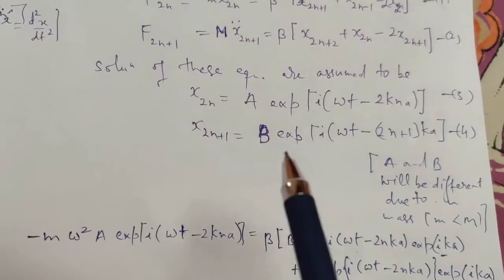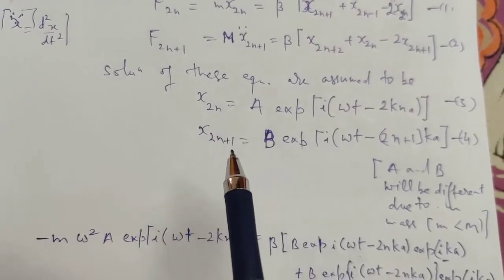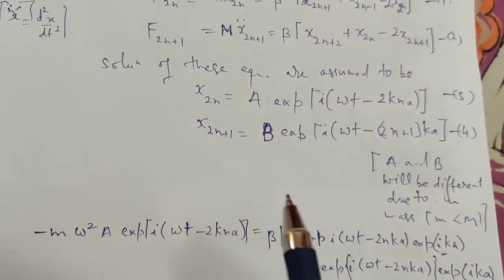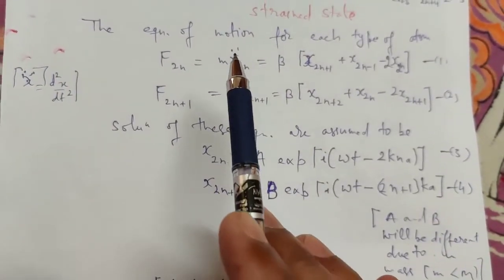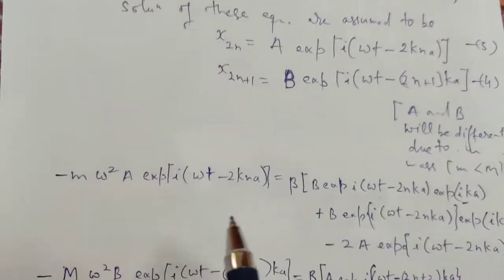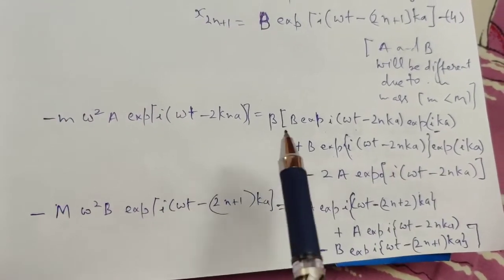I have put these values of x2n, x2n plus 1 and x2n plus 2 into this equation, and this means double derivative with respect to time. By putting this in, I have calculated it in terms of exponentials.